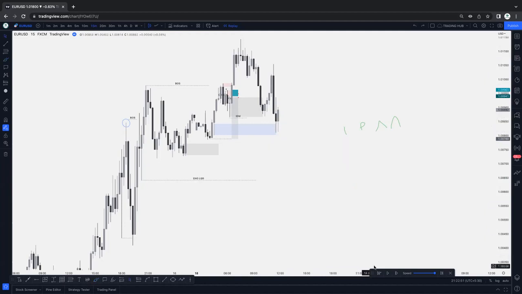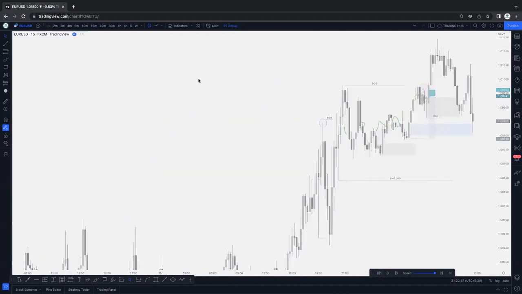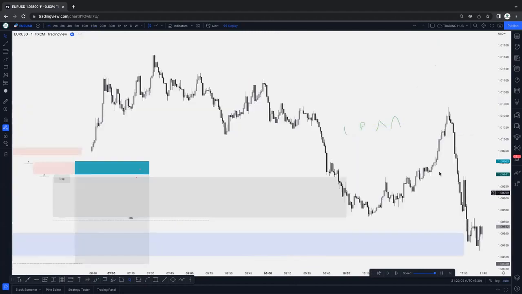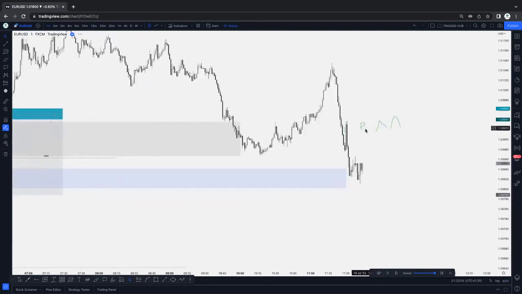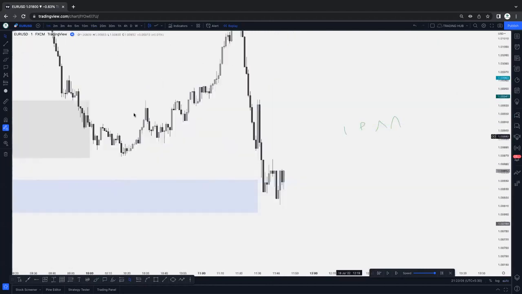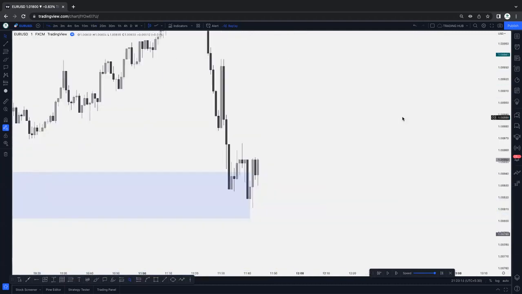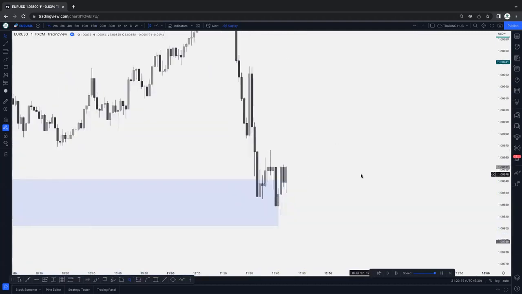Let's see this point in the 1 minute. In this case, you can see this is our minor structure in the 1 minute.